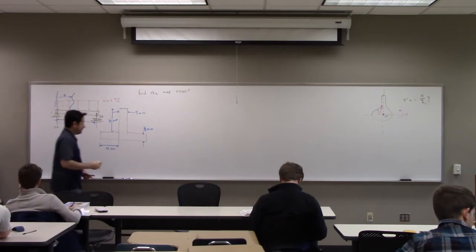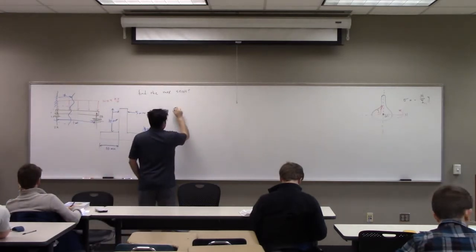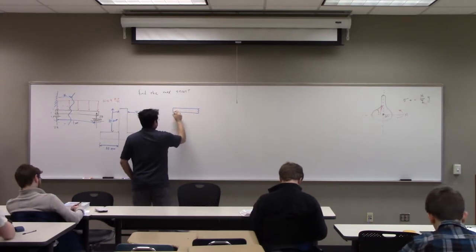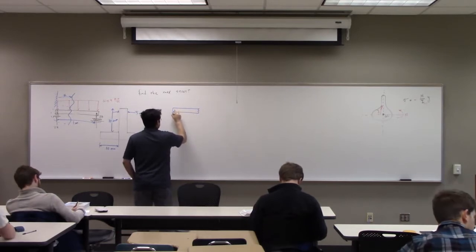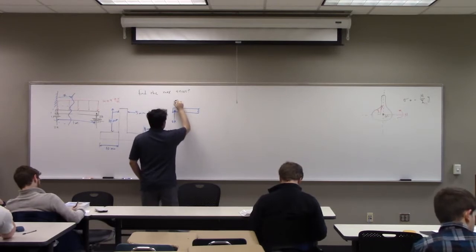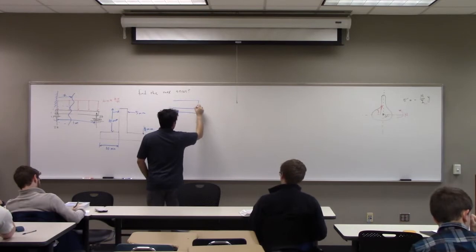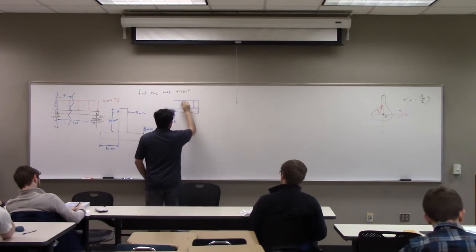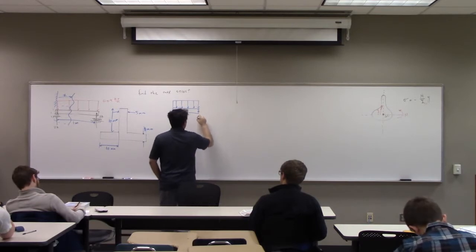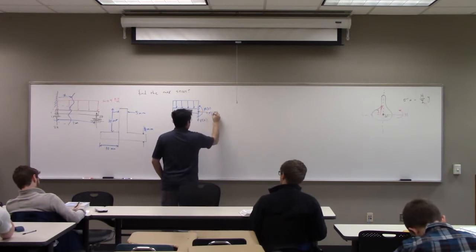And then this is going to be my system. So my FBD looks like this: I take the part of the distributed load, and the bending moment here and axial load.